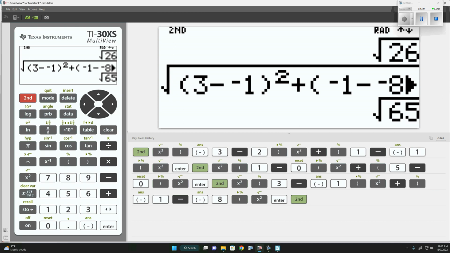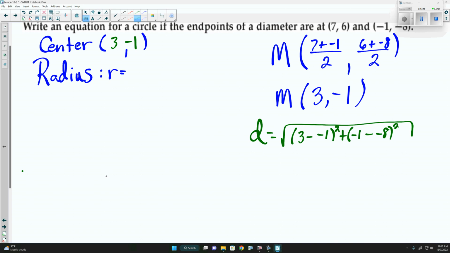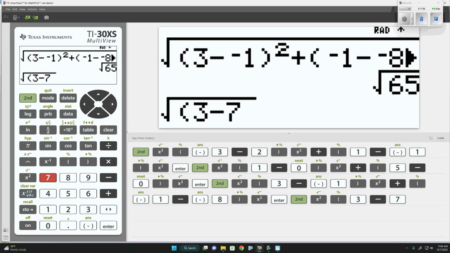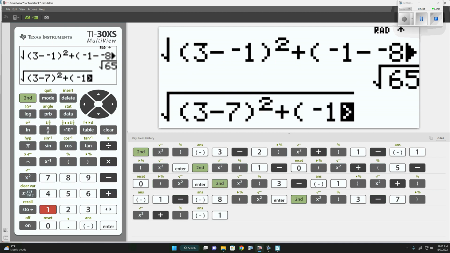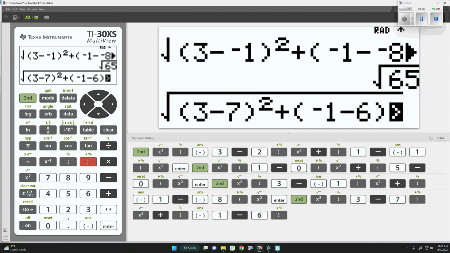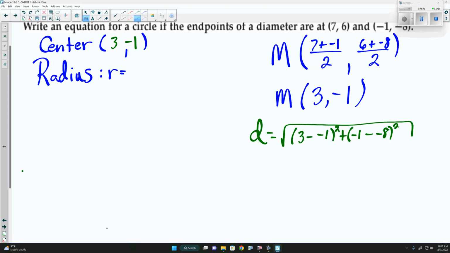Now, if we chose the other point, (7, 6), we'd have (3 minus 7) squared plus (negative 1 minus 6) squared, and we get the same thing. It doesn't matter, because with a circle, the circle is the set of all points that are the same distance from the center. Since we chose the center and an endpoint, their distances will be the same.